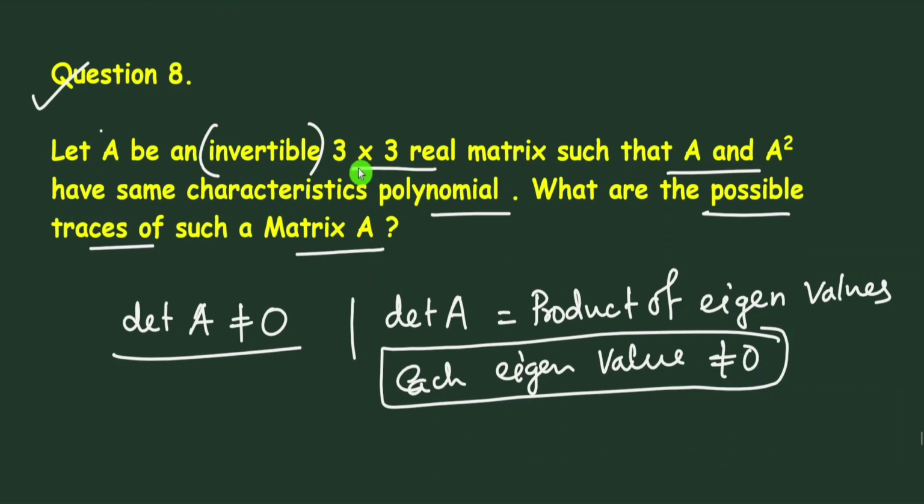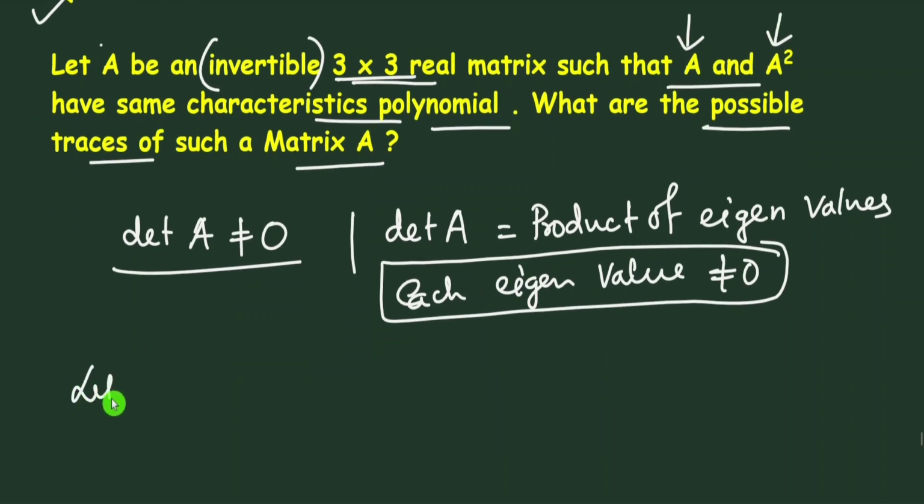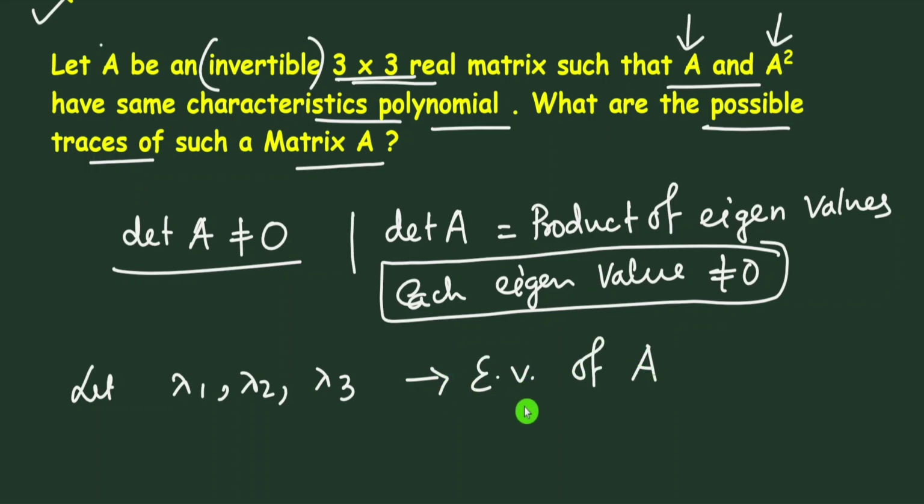Now the matrix is of order 3×3 such that A and A square have the same characteristic polynomial. That means the eigenvalues of A and the eigenvalues of A square are the same. So let lambda 1, lambda 2 and lambda 3 be the 3 eigenvalues of A, and then lambda 1, lambda 2 and lambda 3 are also eigenvalues of A square.